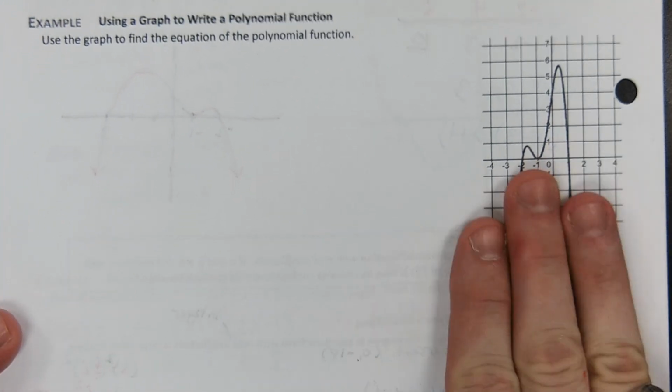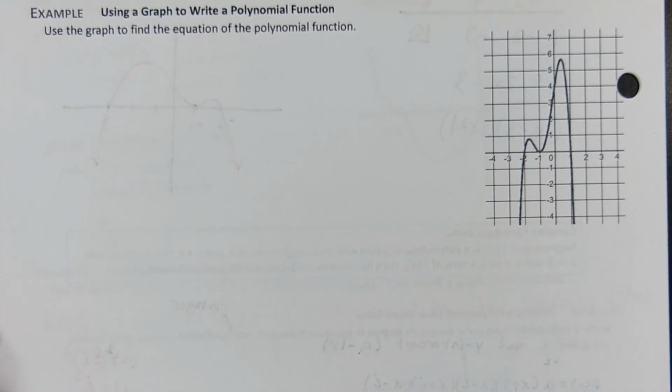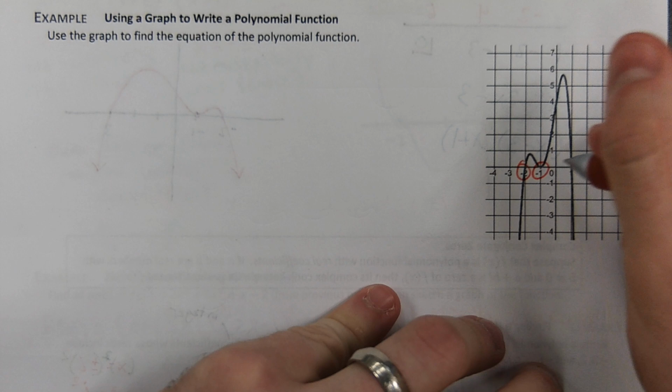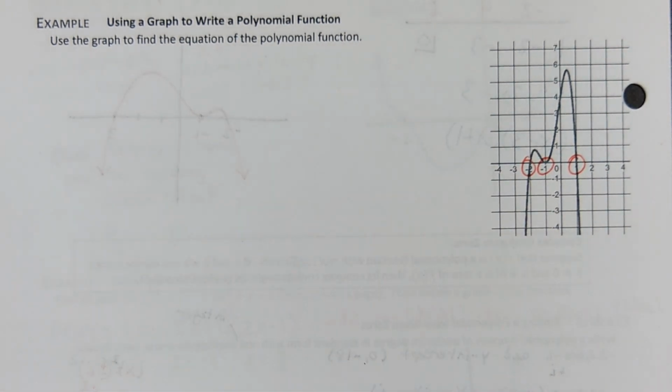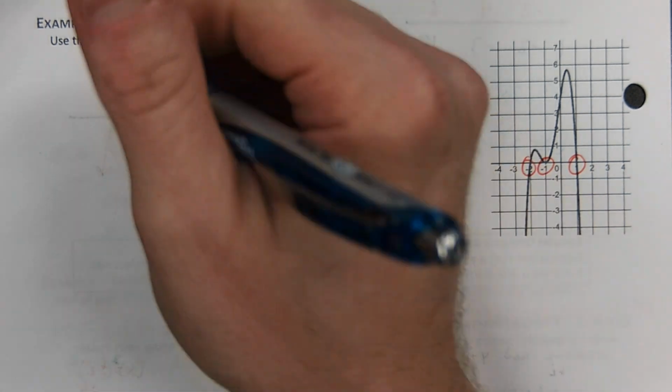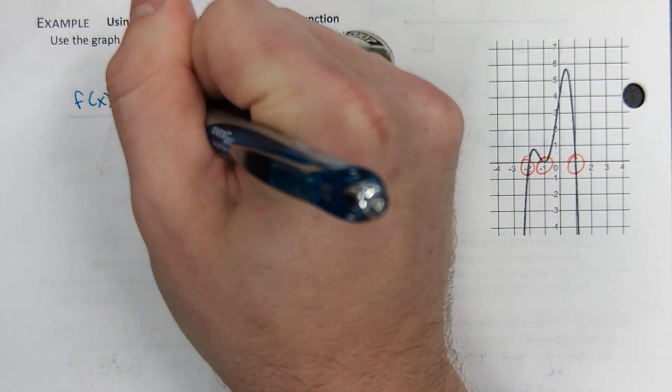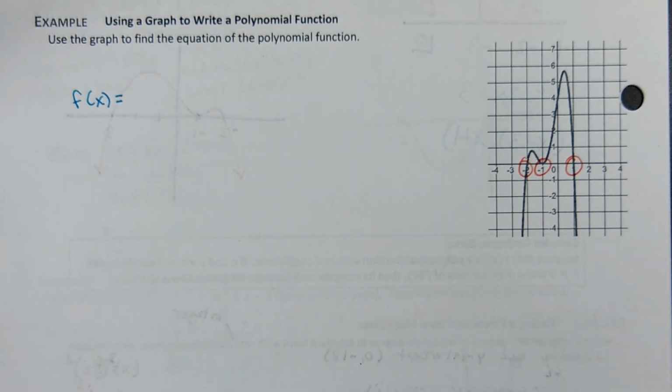We're going to do this one. So what do we see? We can see 3 solutions. And because we can see 3 solutions, we can write these 3 things out as factors. Now there might be, and probably is, a vertical stretch or shrink that I don't know.